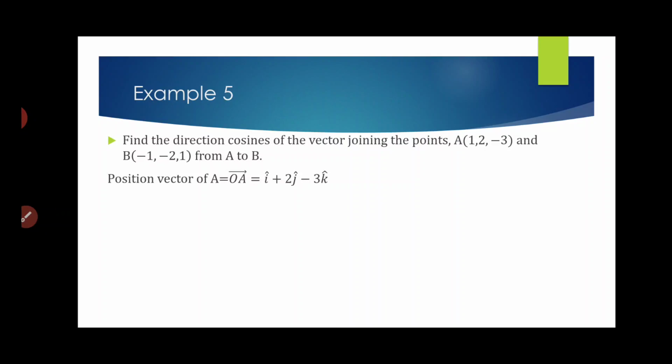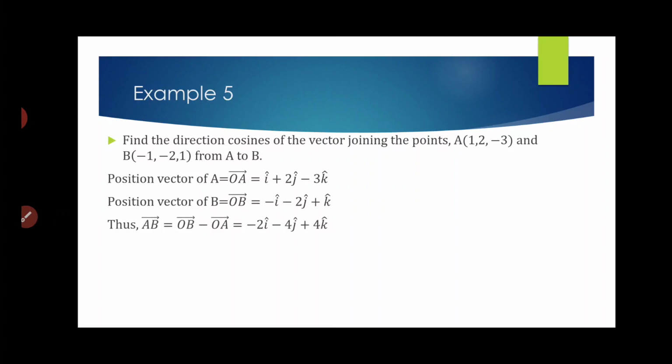So position vector of A, that is right from the origin, is i plus 2j minus 3k. Position vector of B is minus i minus 2j plus k, and so therefore the AB vector is going to be position vector of B minus position vector of A, that is minus 2i minus 4j plus 4k. Right? Now I am asked to find the direction cosines. Direction cosines means the scalar components of the unit vector.